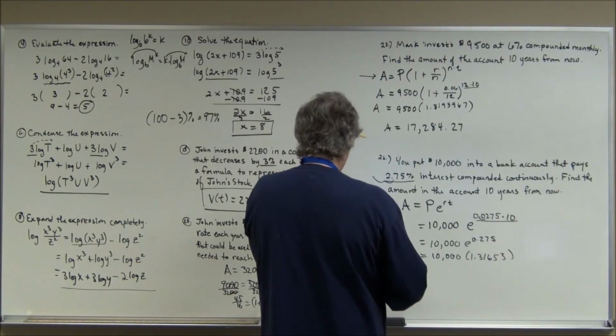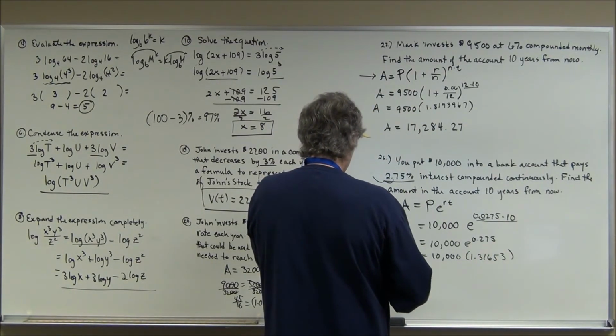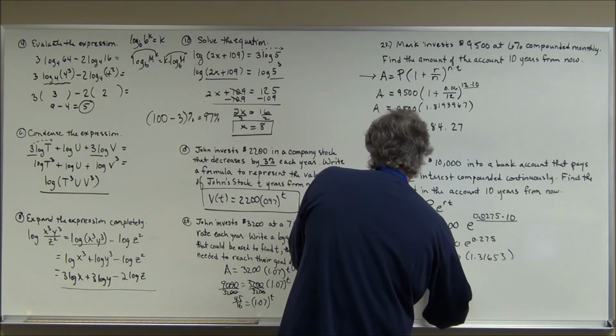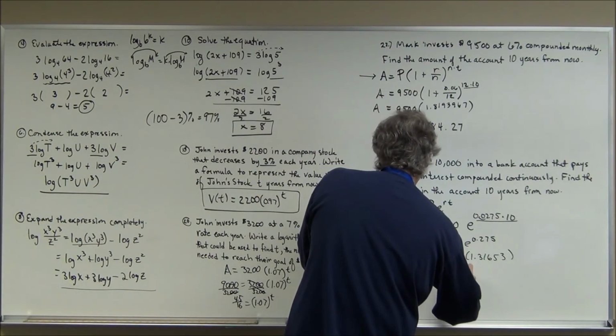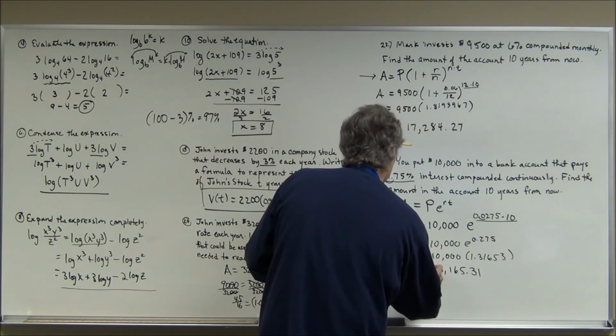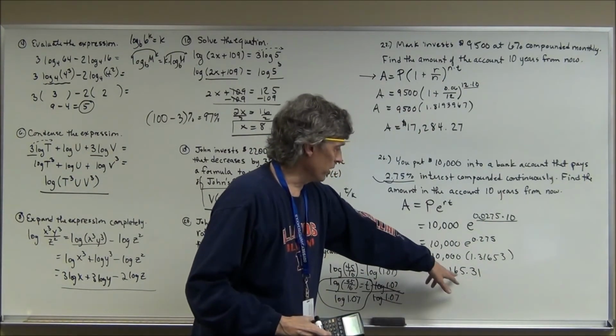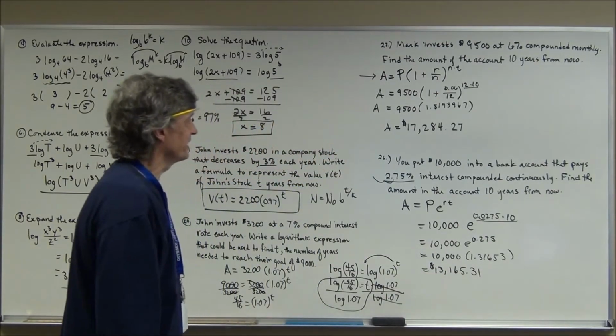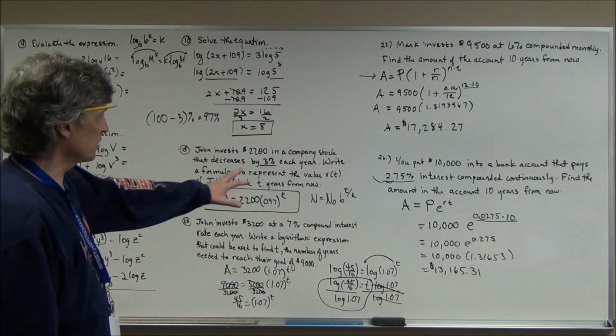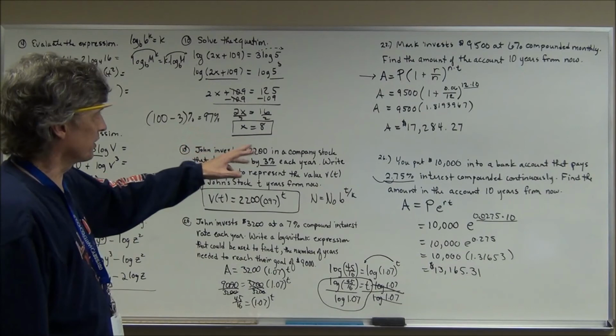So times 10,000 gives me $13,165 to the nearest penny. Don't forget your dollar sign. $13,165.31.